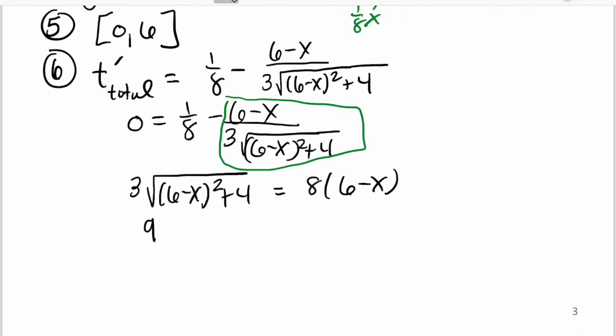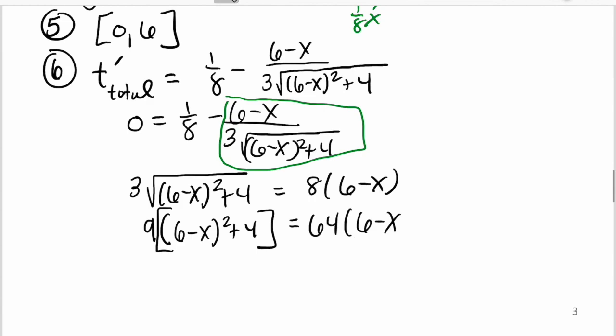If I square both sides of the equation, I'll get 9 times (6 minus x) squared plus 4. That will get rid of that square root. And on this side, I'll get 64 times (6 minus x) squared.